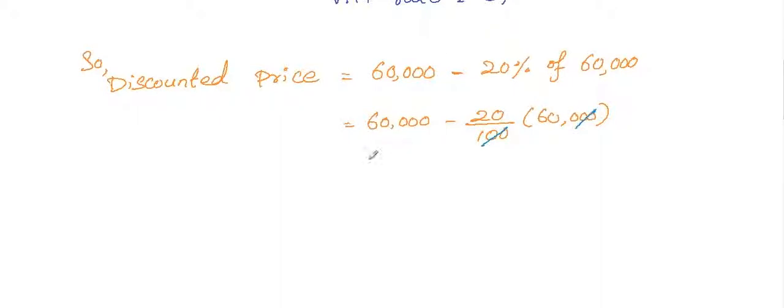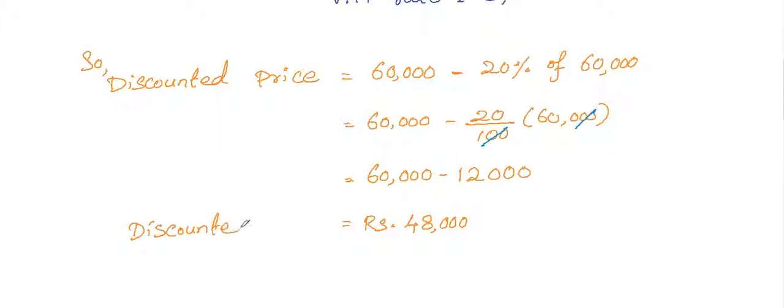If we simplify this, we'll get 60,000 minus 12,000. Now if we subtract 12,000 from 60,000, we'll get 48,000. So this is the discounted price.